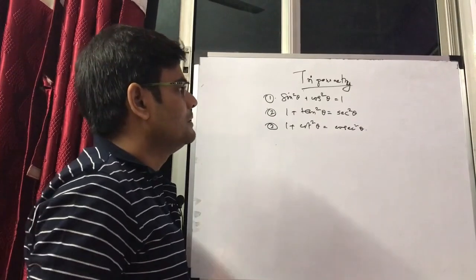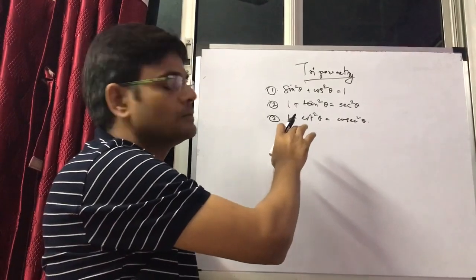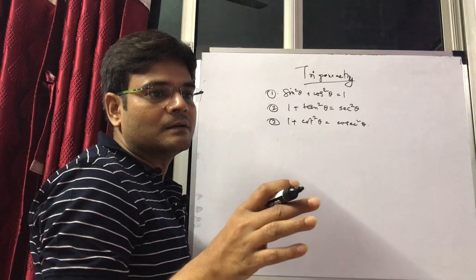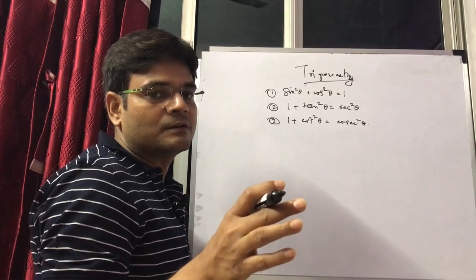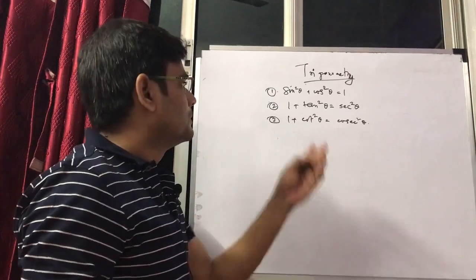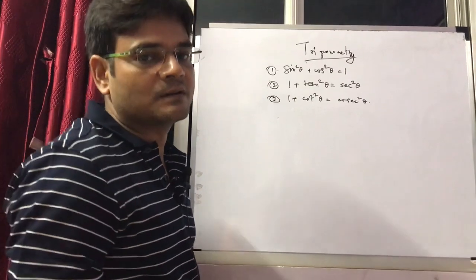Another point, if at any point you find these terminologies too difficult, you can very well go to the videos I have made on trigonometry basics. You can refer to what we mean by sin theta, cos theta, tan theta, cot theta, everything.